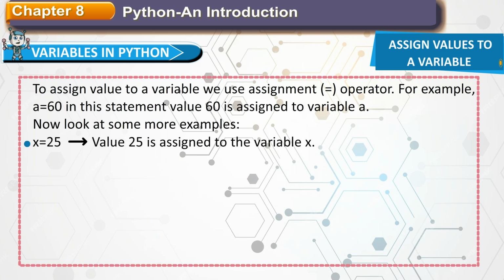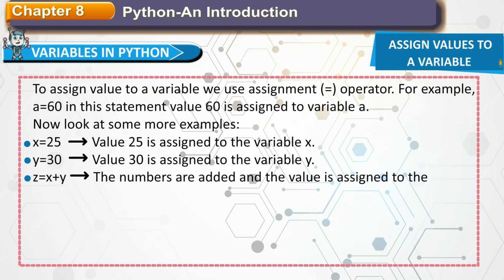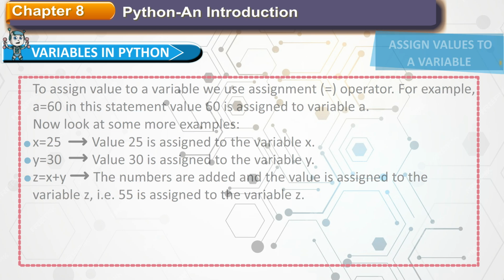Value 25 is assigned to the variable x. y = 30. Value 30 is assigned to the variable y. z = x + y. The numbers are added and the value is assigned to the variable z. That is, 55 is assigned to the variable z.